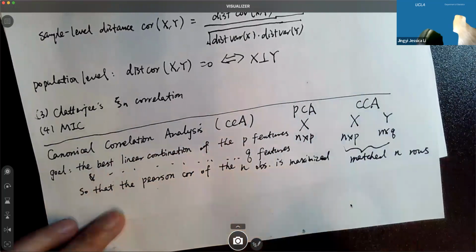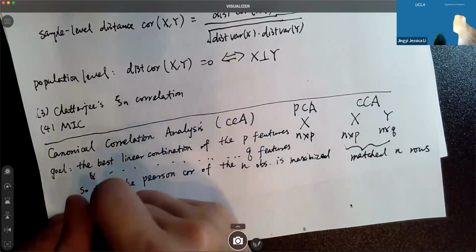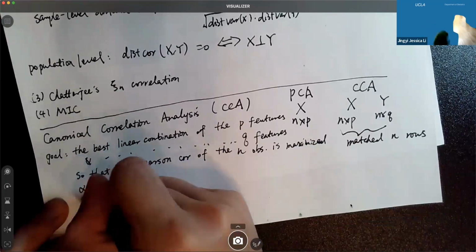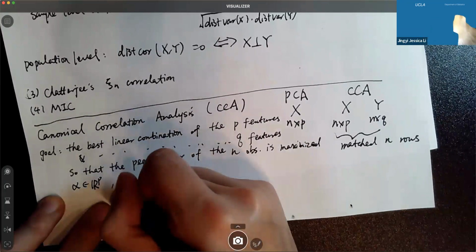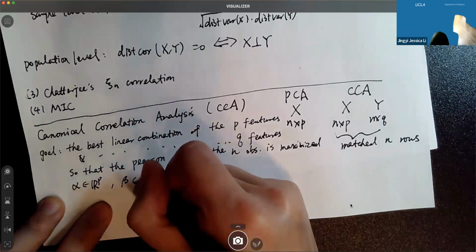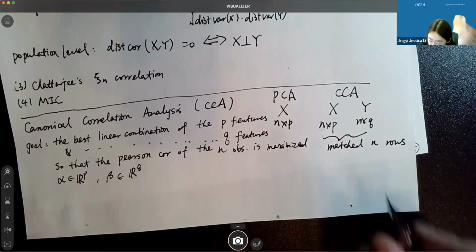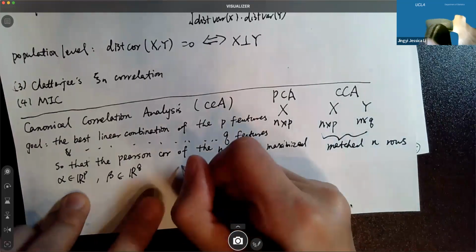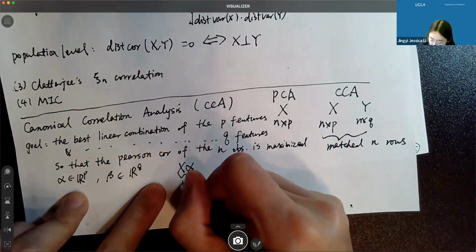So that's the purpose. In other words, let's say that we try to find alpha, a p-dimensional vector, and beta, a q-dimensional vector. Once you do the transformation of the P and Q features by alpha and beta, you can see that X alpha is just an n by 1 vector, right?